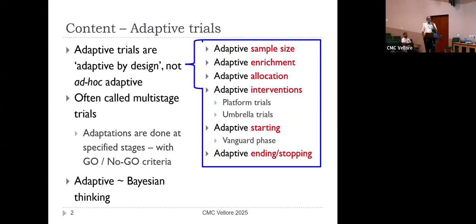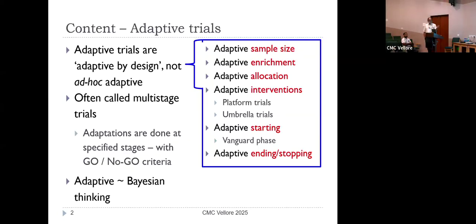So these adaptive designs are also called multi-stage trials because the adaptations take place as you go from one stage to the next stage. And you have to pre-specify when those stages are going to occur, okay?